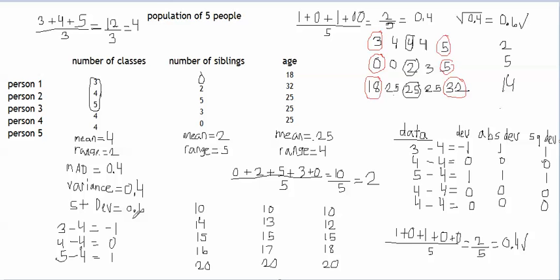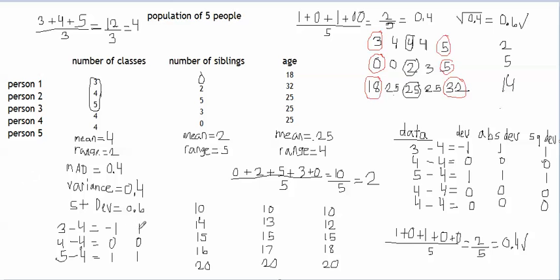Now what we want to do is get the squared deviations. We actually don't have to get the absolute deviations first if all we want is the squared deviations. So let's go straight to the squared deviations. -1 times -1 is 1. 0 times 0 is 0. And 1 times 1, meaning 1 squared, is 1.